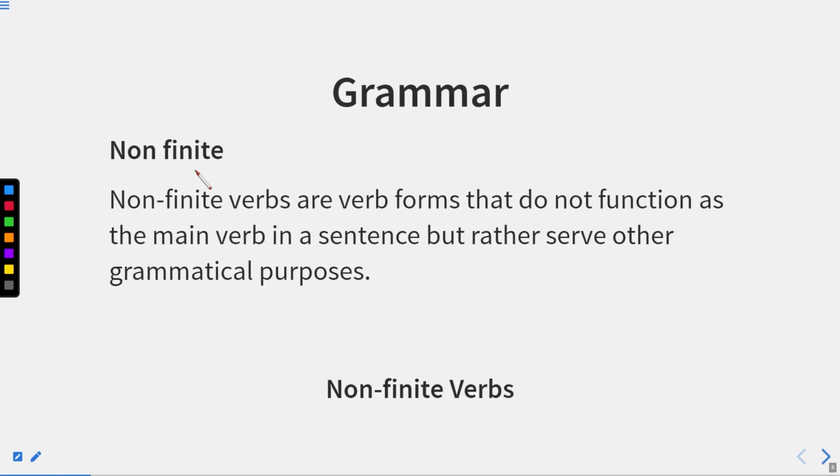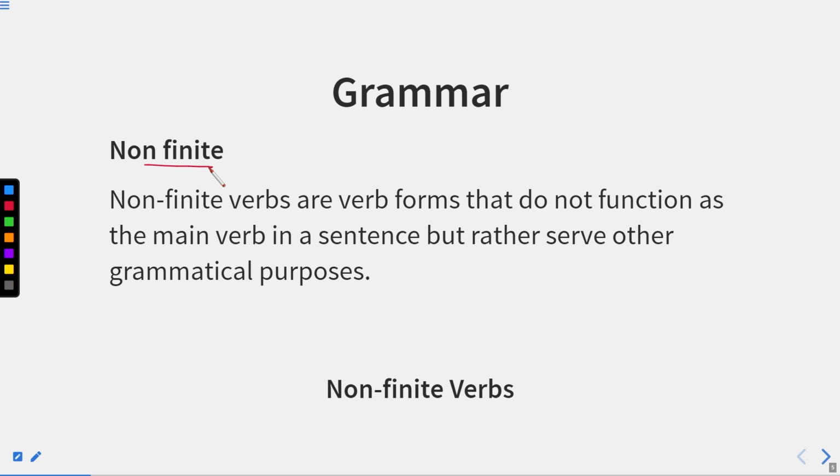First of all, let us discuss what non-finite verbs are. As I told you earlier, if some word looks like a verb but does not perform the function of a verb. Now, what is the function of a verb? Basically, the function of a verb is to show action, possession, or a state of being of something.